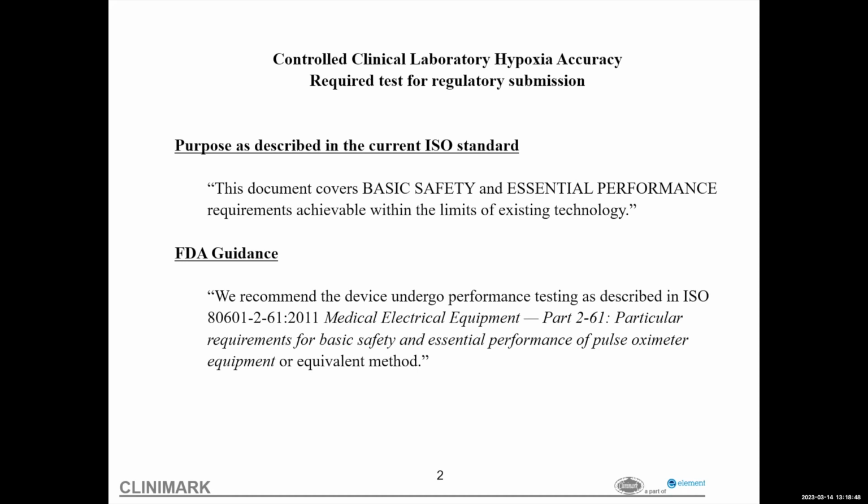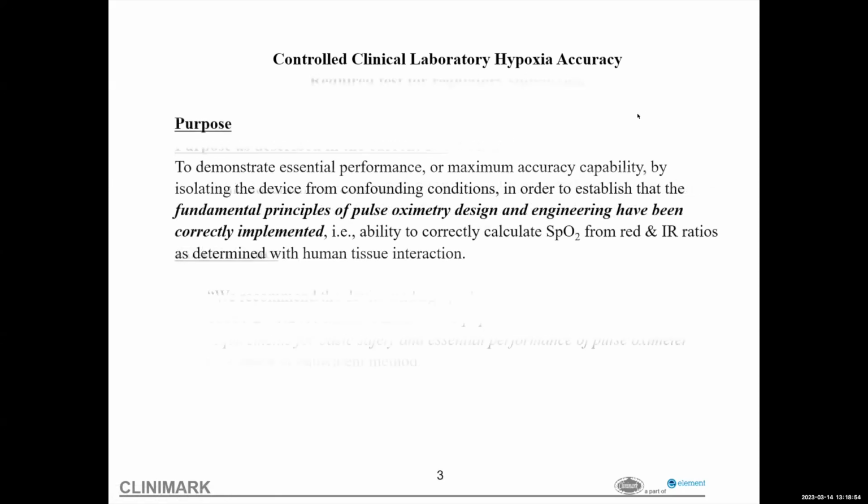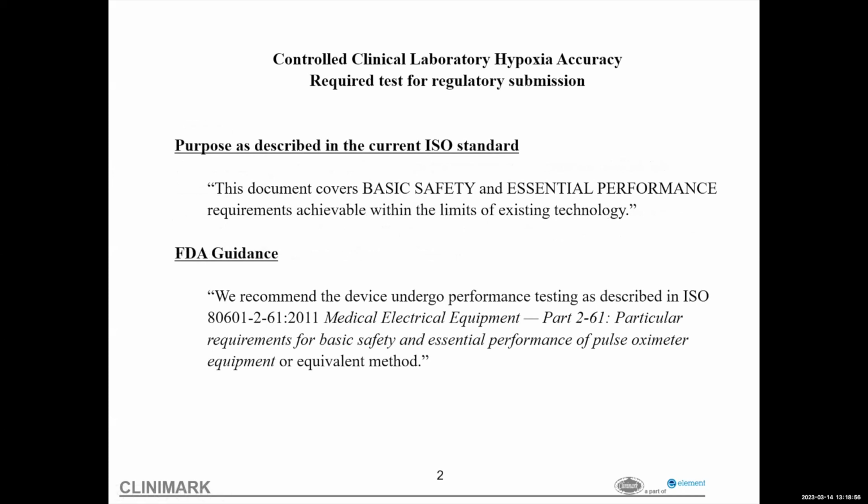So I want to start with what we have going on here. We're looking at the controlled clinical laboratory hypoxia trial. And that's what we're dealing with. The purpose, as described in the ISO standard, is to test basic safety and essential performance.